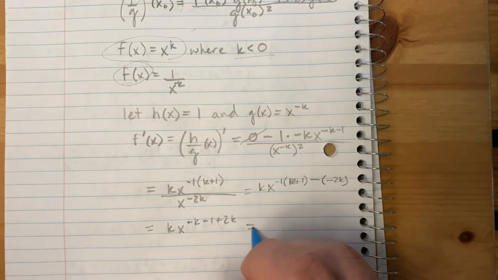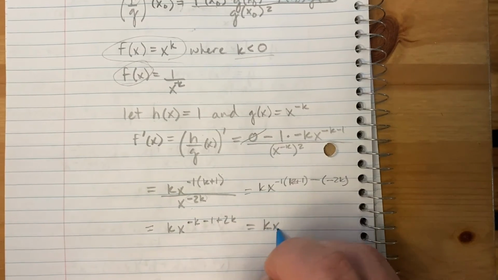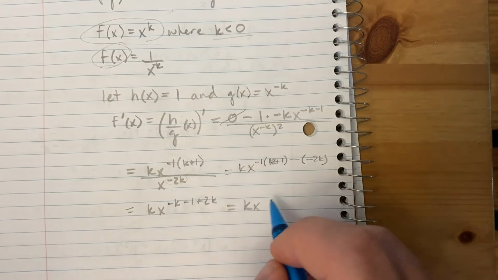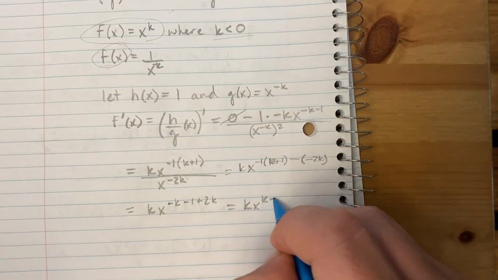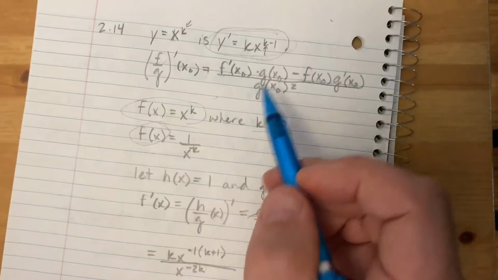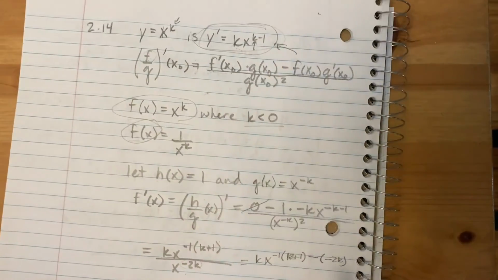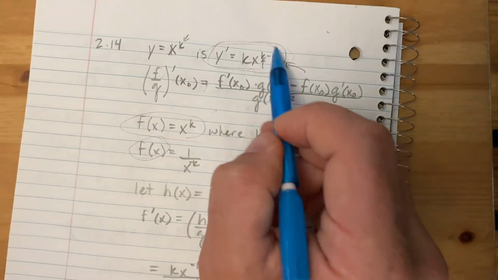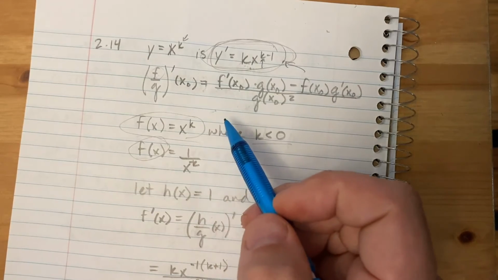And that simplifies to k times x. We've got a 2k minus k, so we have just 1k left over, and minus 1. Okay, which is exactly the same result that we had up here. So we use the quotient rule to prove that this is true even for negative values of k.